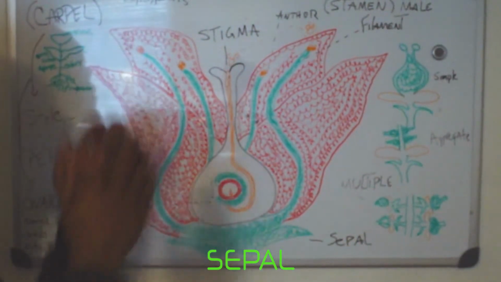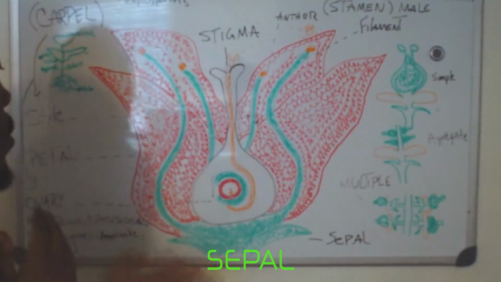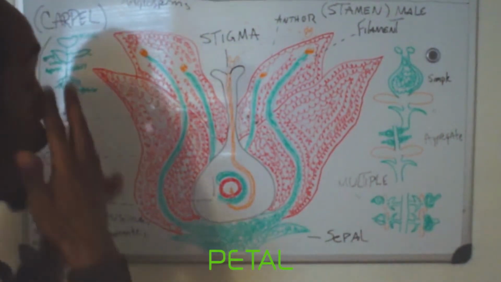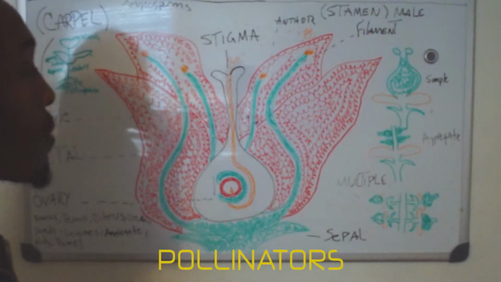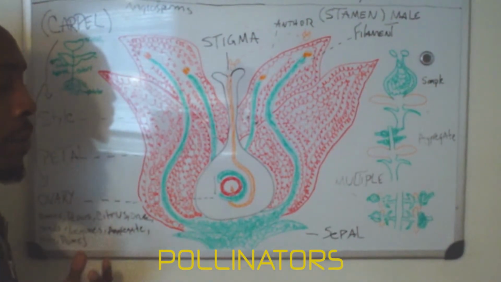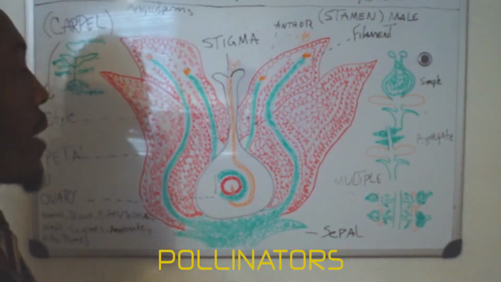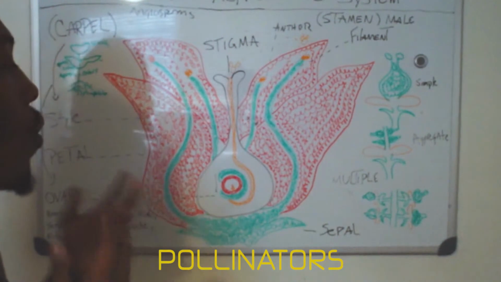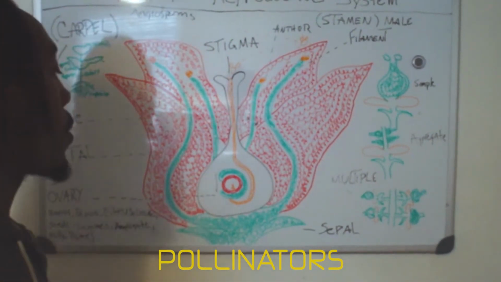The sepal is the part of the flower which protects the flower as it's developing and growing, right? Then you got the petals. The petals are what attract pollinators. Pollinators are animals like bees and flies that fly into plants and take pollen, distribute it to another plant, or fertilize the plant that it's already on, right?